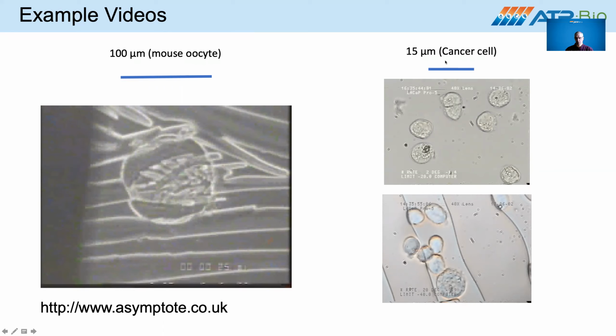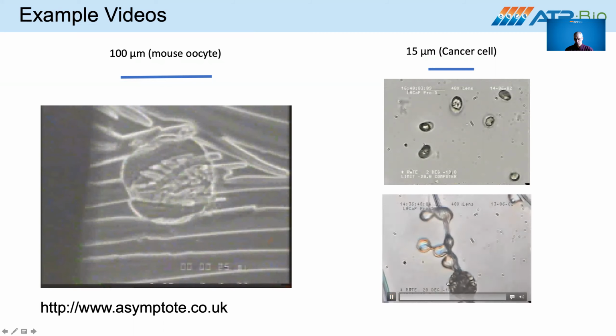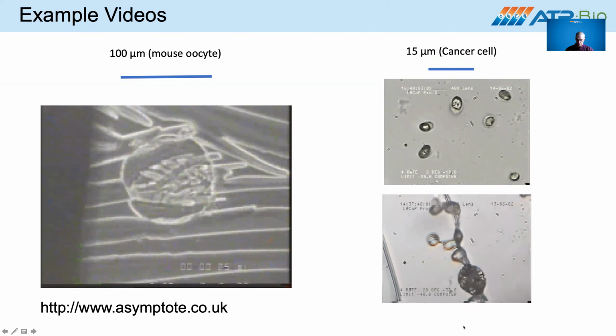If you look at these cancer cells over here, going at a faster rate of cooling, you can see that the dehydration is much, much faster. And if you go at a little bit faster rate with those LNCaP cells, these are cancer cells, you begin to see this darkening effect here. This has to do with ice actually forming inside the cells.